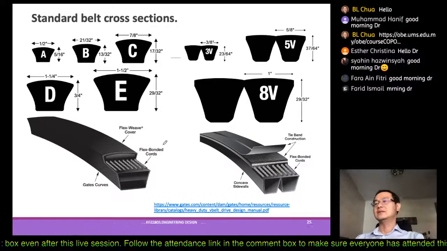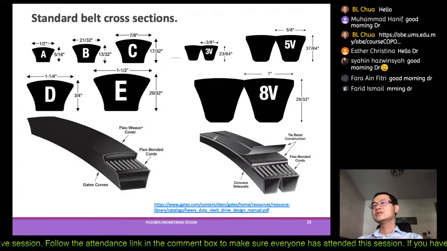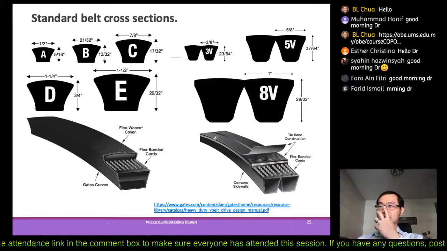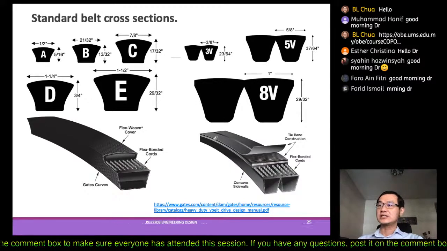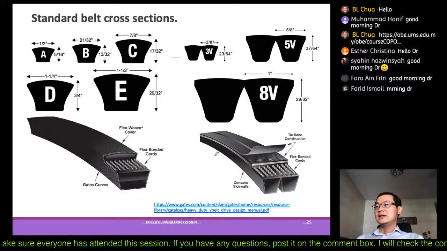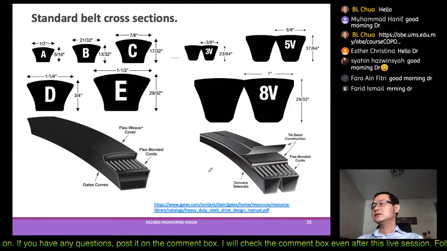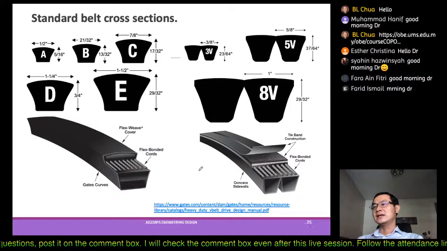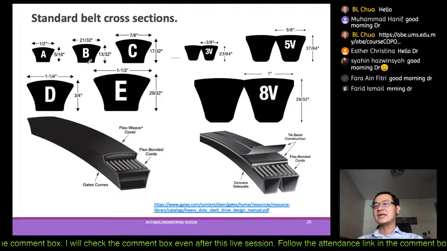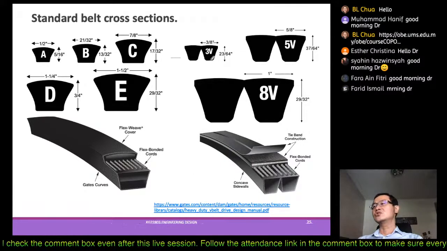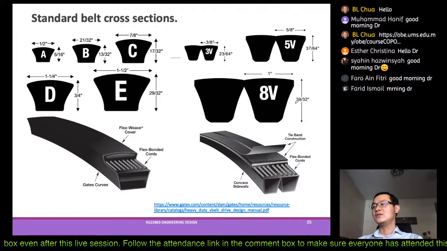It's general. So this is the standard belt cross sections, and in general there is a standard. That's why there is A, B, C, D, E, and also 3V, 5V, 8V, and so on.